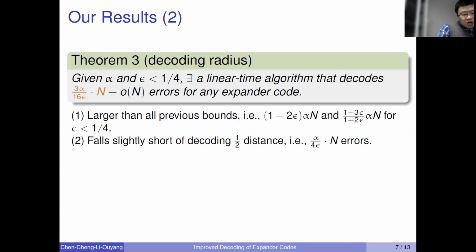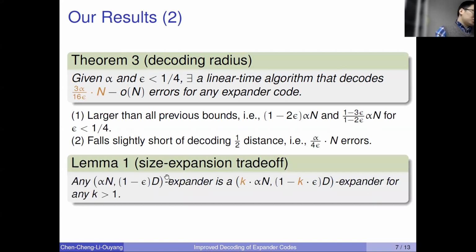The last thing I want to say about our main results is that both theorems will use this new ingredient called the size-expansion tradeoff. This lemma says that any expander with parameters (alpha n, (1 minus epsilon) d) expansion is also an expander for larger subsets, but with worse expansion.